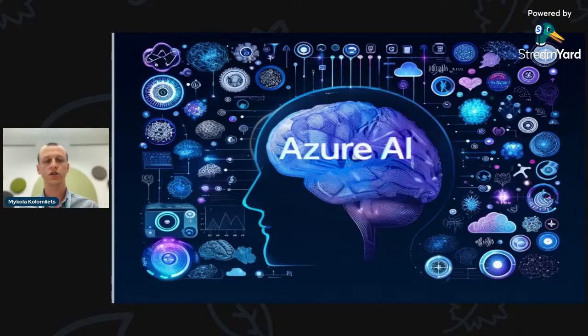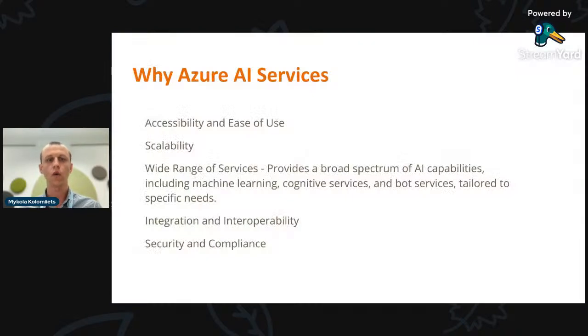We know that Google provides a new model, and we see that business is focusing on integrating new AI models, new AI powers, into the business. So today we are talking about how Azure and Azure AI services can help with it.